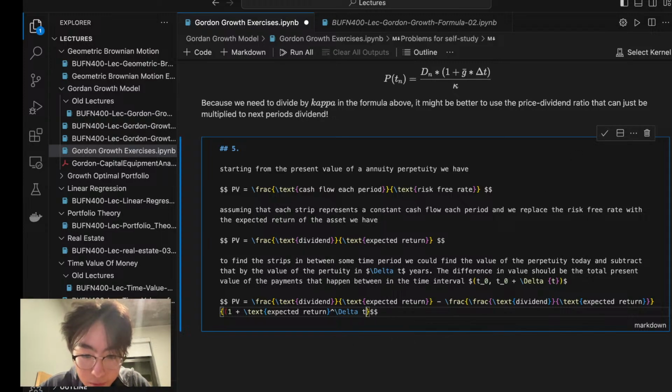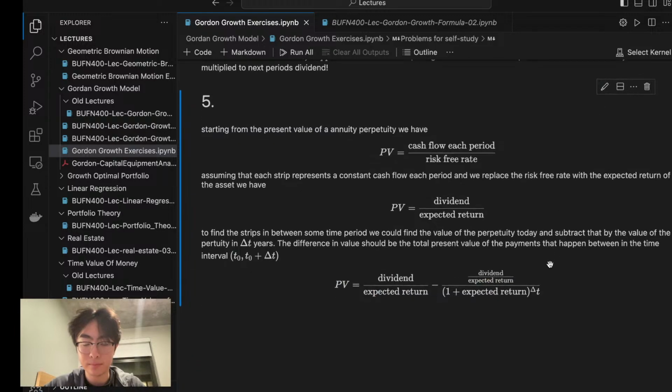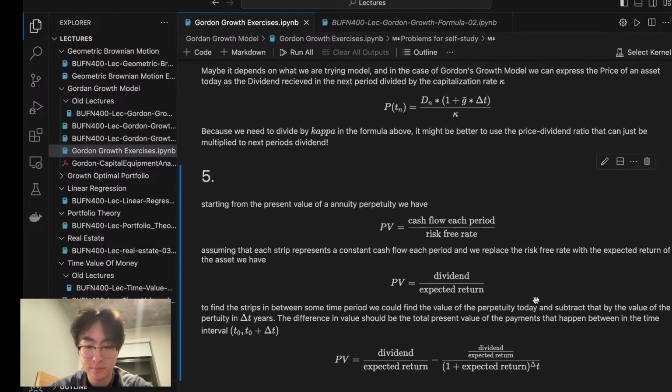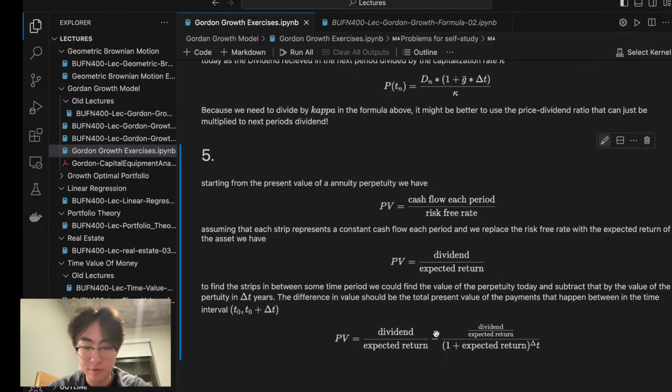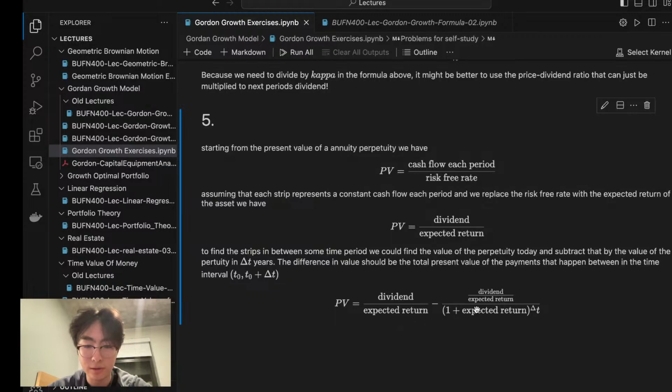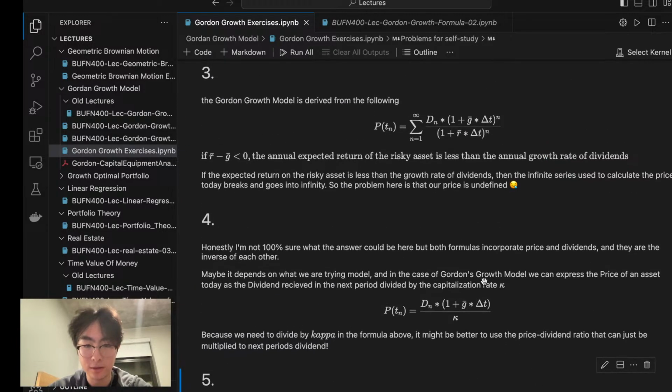Ooh, no, yeah, we want this to be here. Okay, I think that's good. So this is the present value of some type of annuity within a fixed time period. Okay.